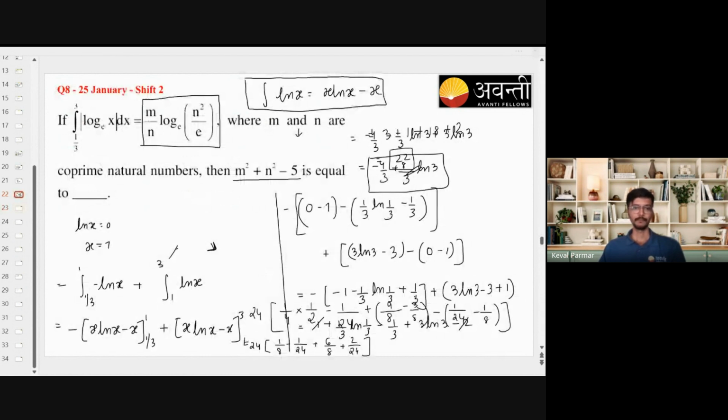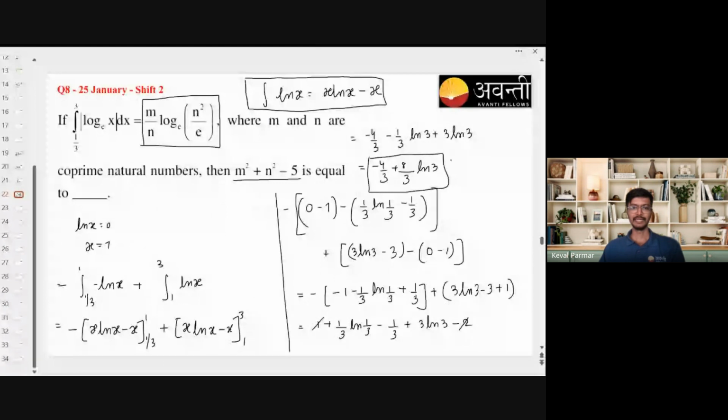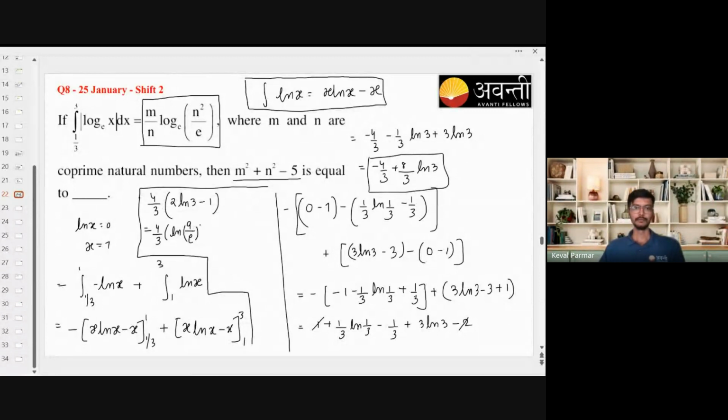Taking the common factor, I think I'll get 2 ln 3 minus 1, which I can write as 4 by 3 ln 9 by e.